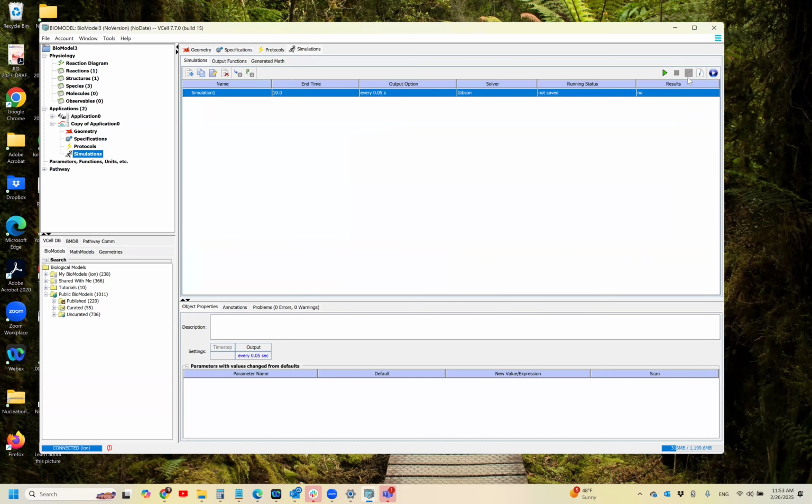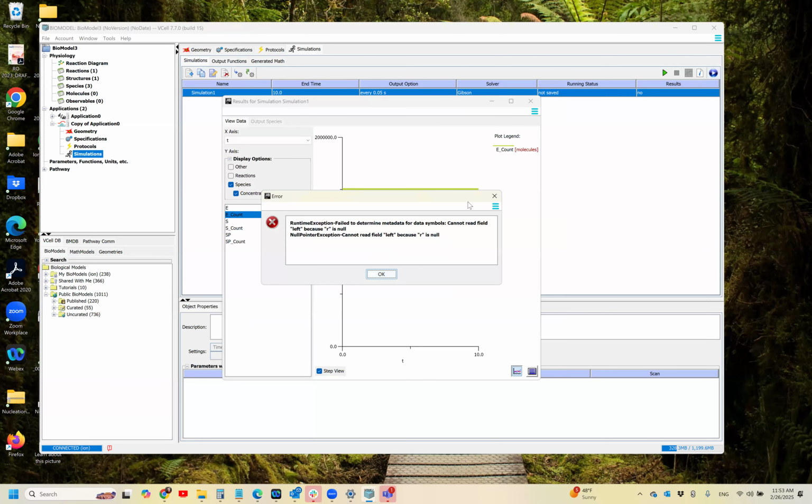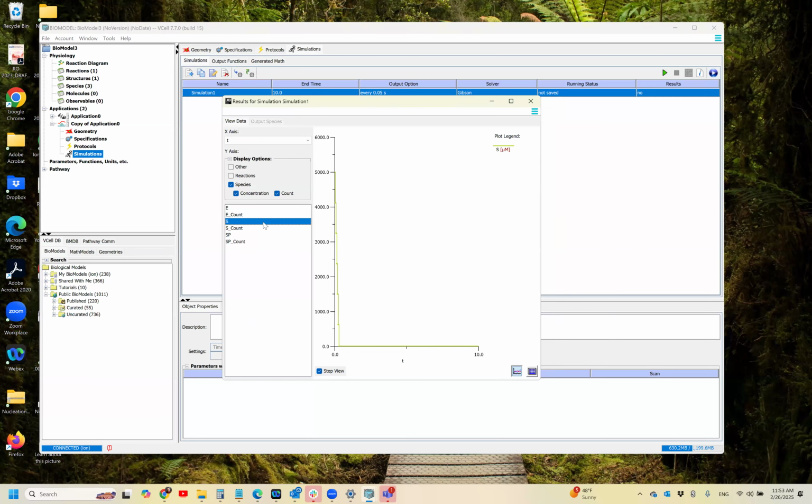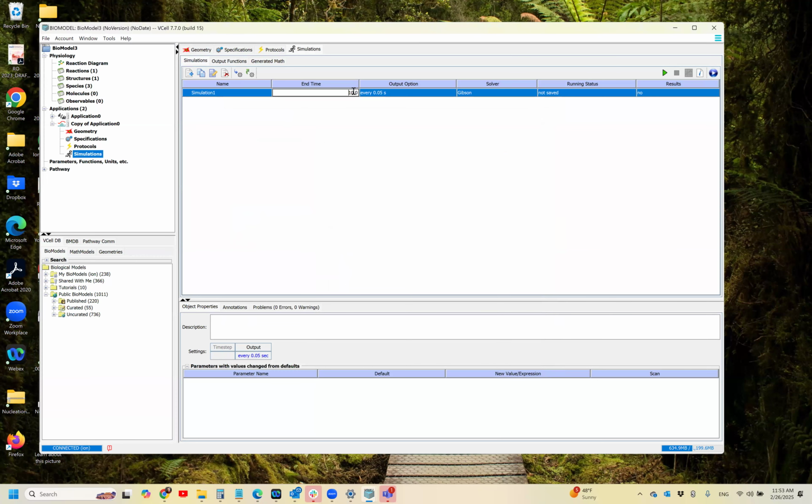And if we simulate this again, let's try this again. Now you will see that both in the enzyme and substrate, you have a stepwise change, which we can further explore by looking at the smaller time sequence.